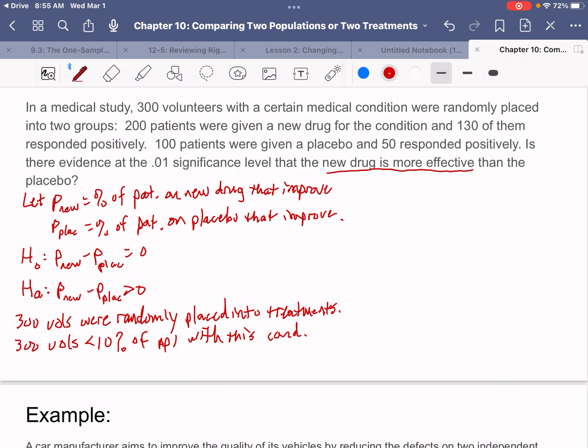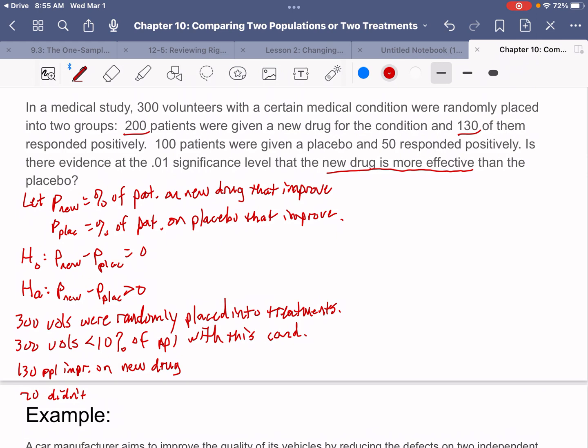Okay, now I have to check to see if all of those counts are greater than or equal to 10. So what am I going to say? Well, 130 of the 200 patients experienced improvement. So I'm going to say 130 people improved on the new drug, and that would be 70 didn't.